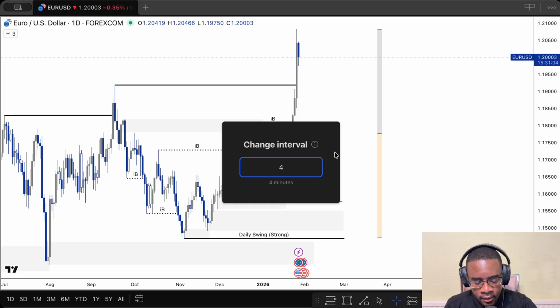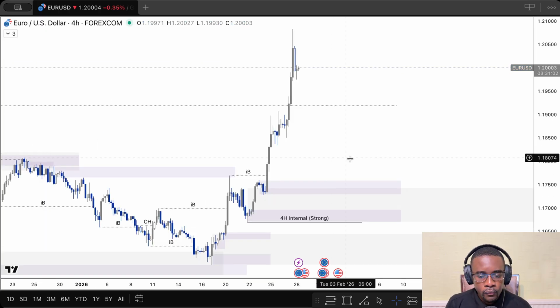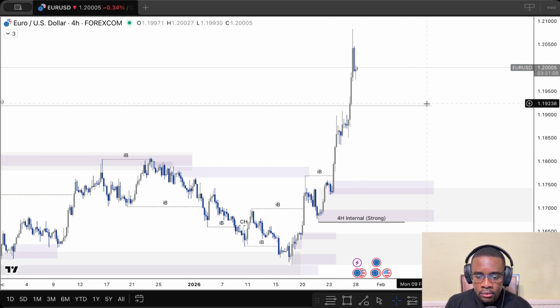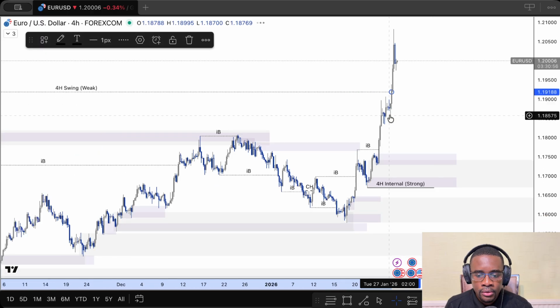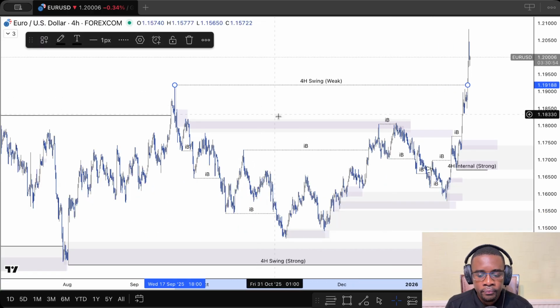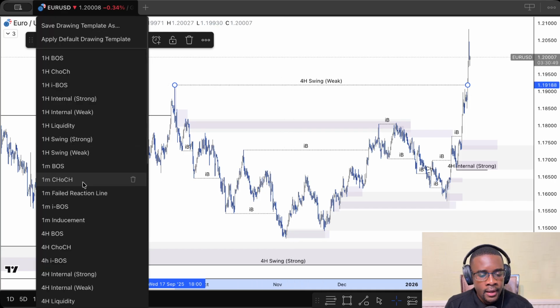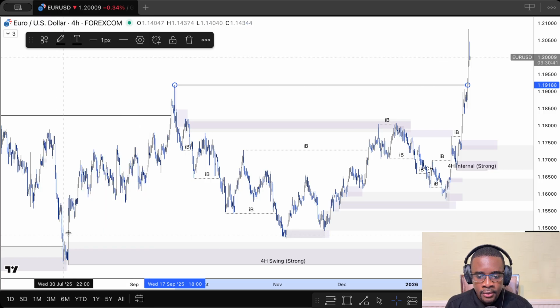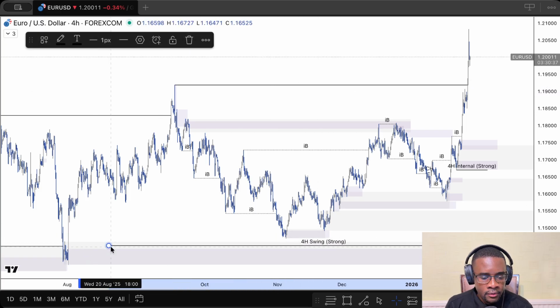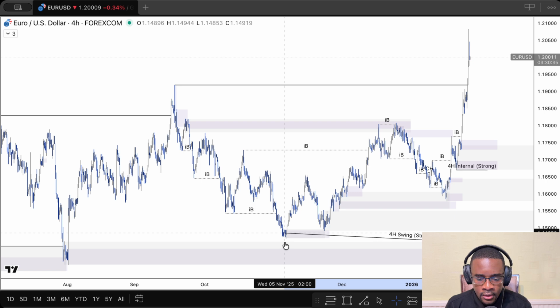Then on the 4 hour, we now have our swing break of structure as well. The 4 hour, at least the way I'm marking mine, is more or less the same as the daily.